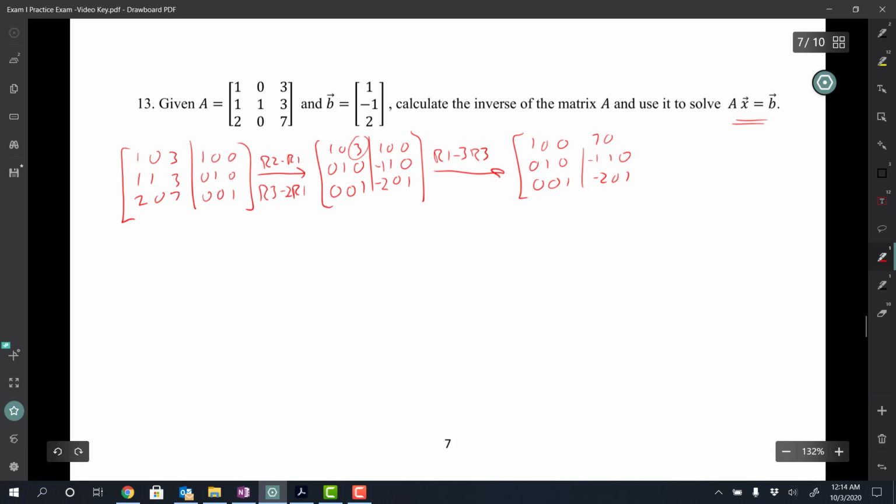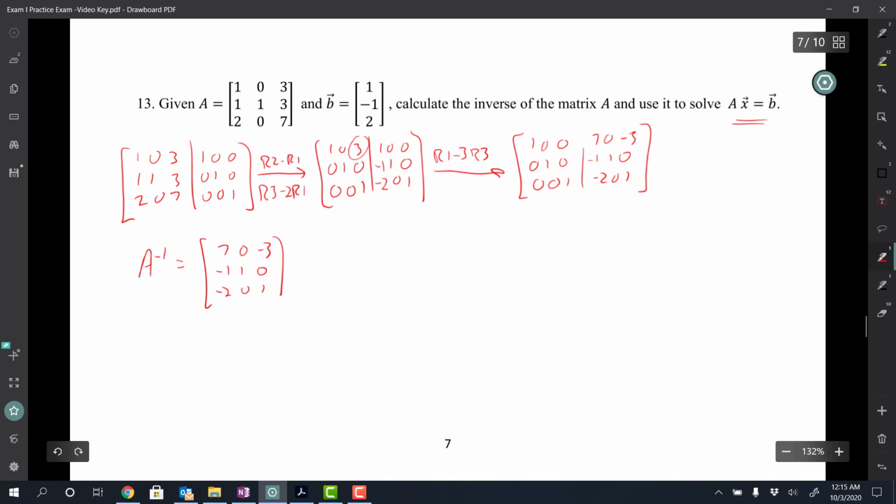I'll get a 0 and a negative 3 here. So it looks like my inverse matrix, A inverse, is going to be 7, 0, negative 3, negative 1, 1, 0, negative 2, 0, 1.